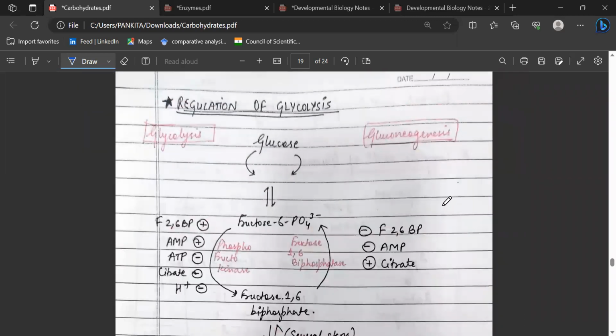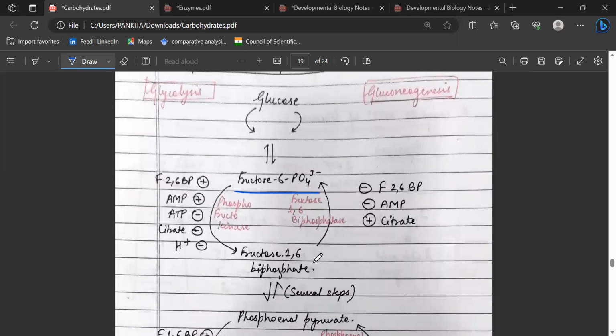Regulation of glycolysis: basically, what helps in positive or negative regulation of glycolysis. This is the structure. In the case of glucose, there is conversion to fructose 6-phosphate and fructose 1,6-bisphosphate.